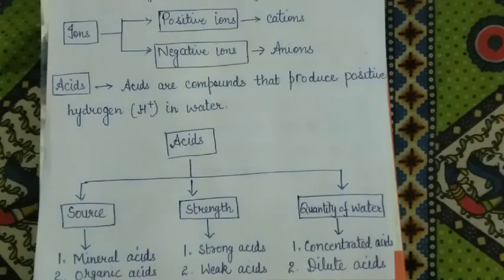Now next we have to discuss how we can classify the acids. Students, depending upon the source, strength and quantity of water present in the acids, we can classify acids into various categories. First, depending upon the source, acids are classified as mineral acids and organic acids.